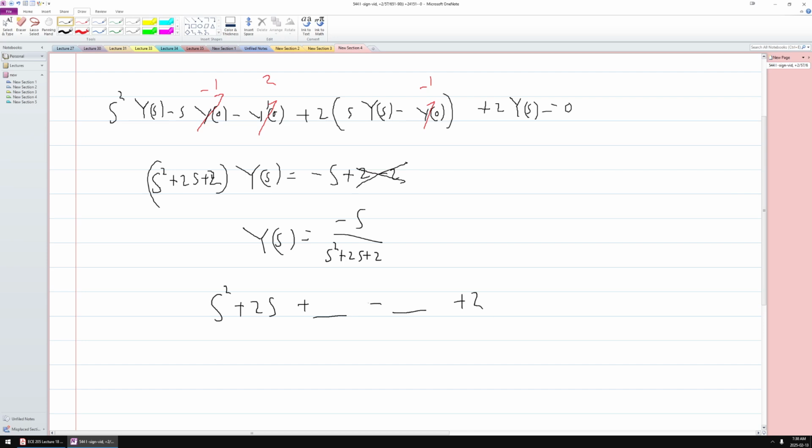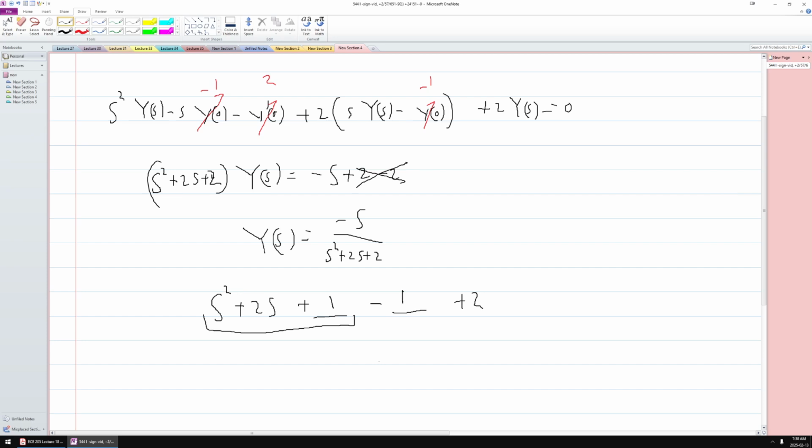The idea is I want to add and subtract something so that this part becomes a perfect square. And you can sometimes eyeball it. The general trick is you take the number that's in front of the s, divide it by 2, and square that. That's what you add. But here you can see I need to add 1, subtract 1.